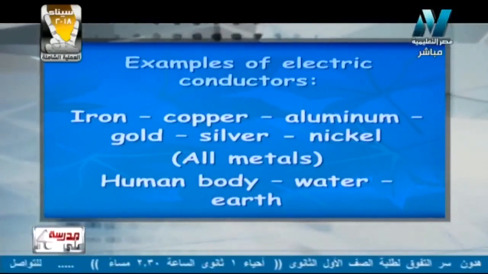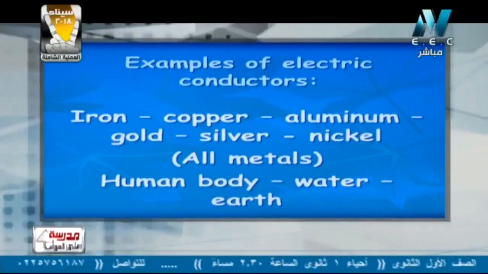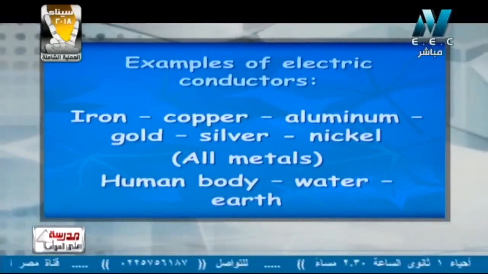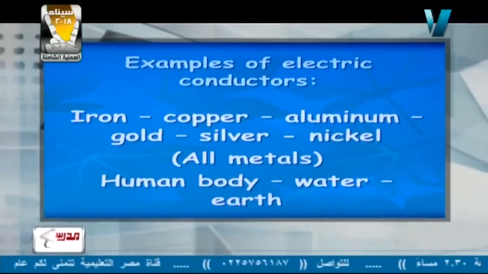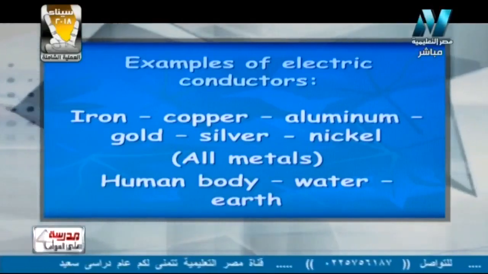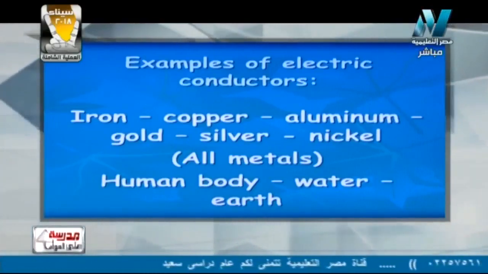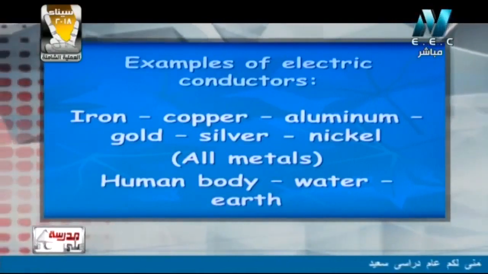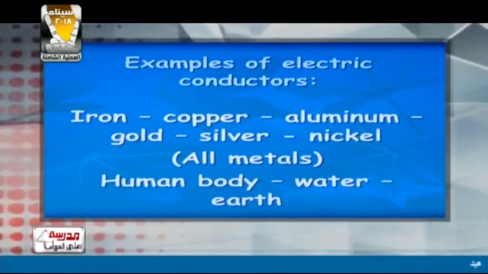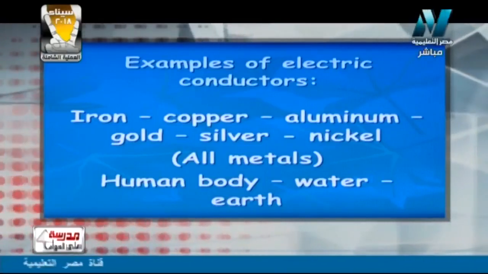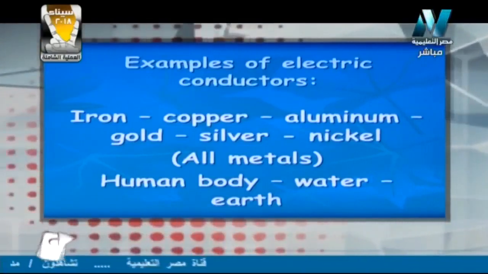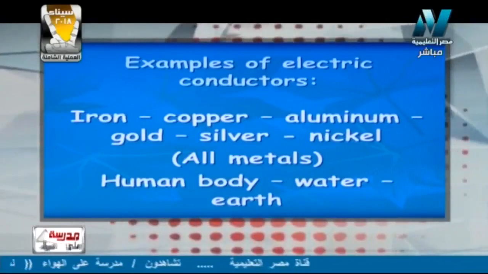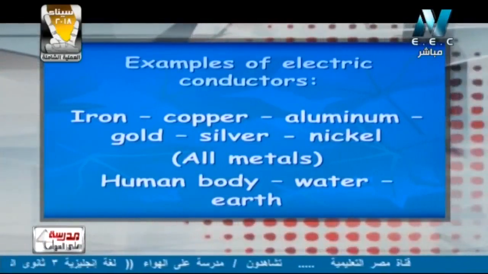The earth, because the earth contains water and some salts, so it's a conductor of electricity. So again, I have many examples of electric conductors such as iron, copper, aluminum, gold, silver, nickel, platinum, any metal we have studied, or any metal in the earth, in the universe, and also the human body, also the water because it contains salts, and at last the earth.